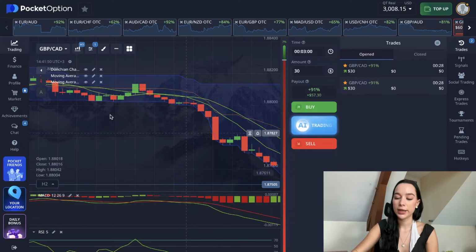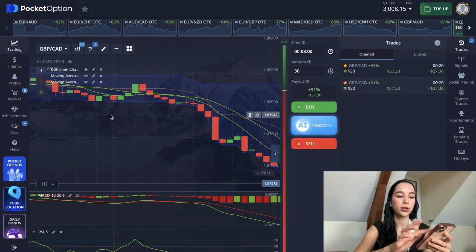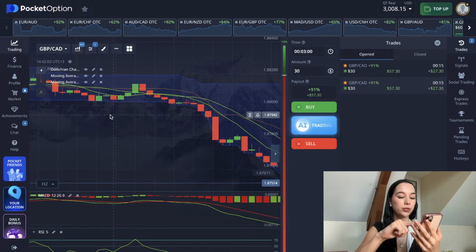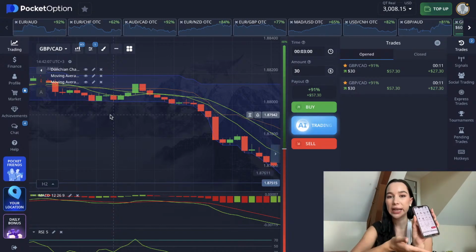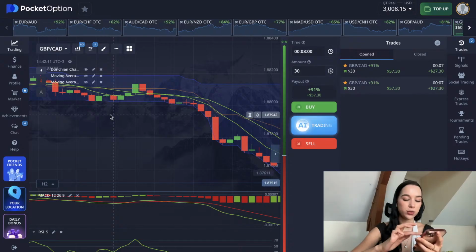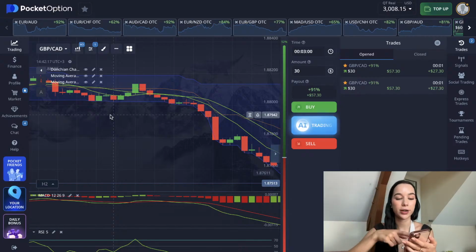For example, I just found this photo right now on Pinterest, on the internet, just to show you. Here are all of the patterns that you can find, because I cannot just send it to you, and it's pretty hard right now to find it on the chart. For example, the hammer that we were talking about, right?